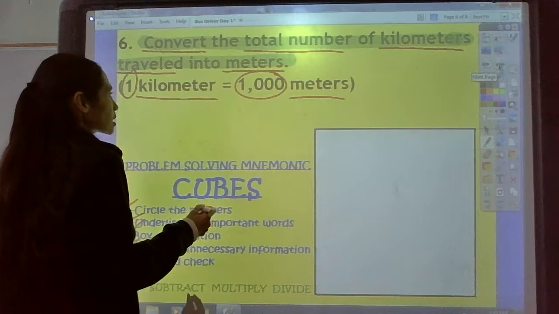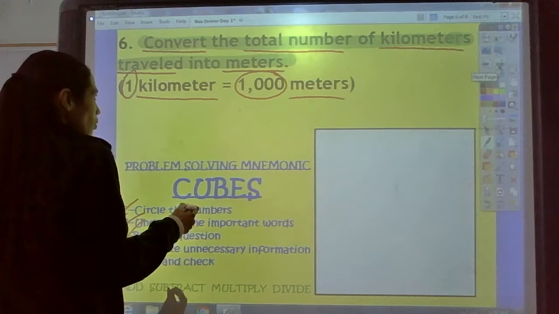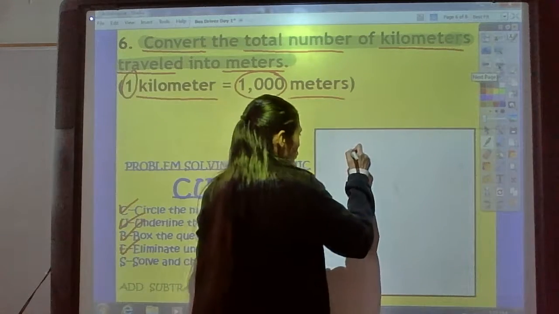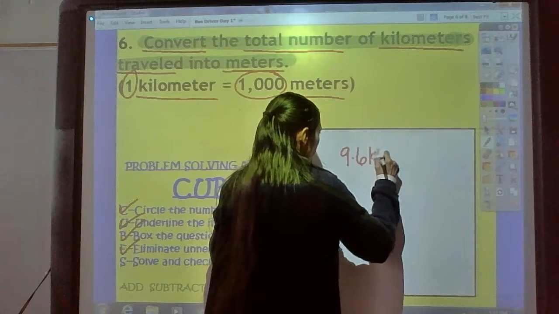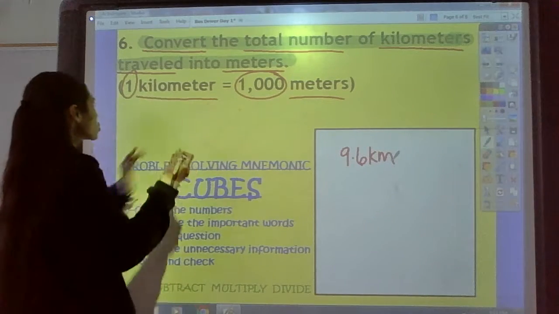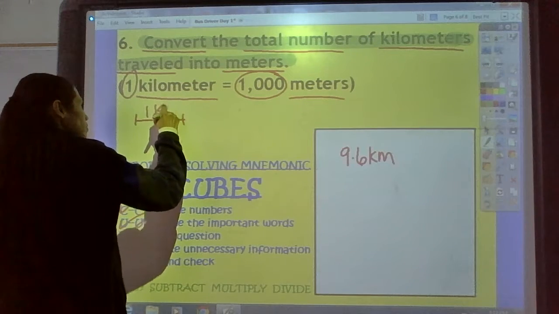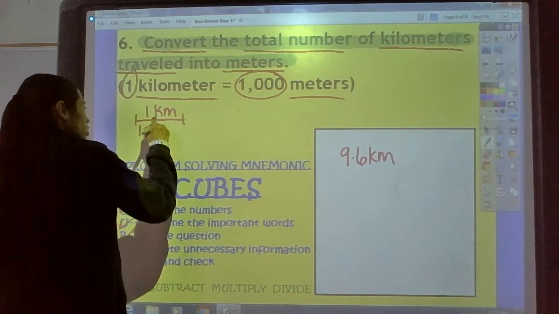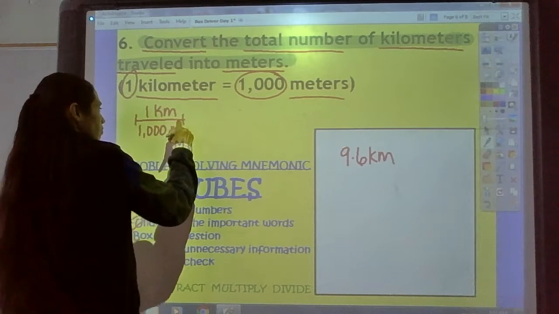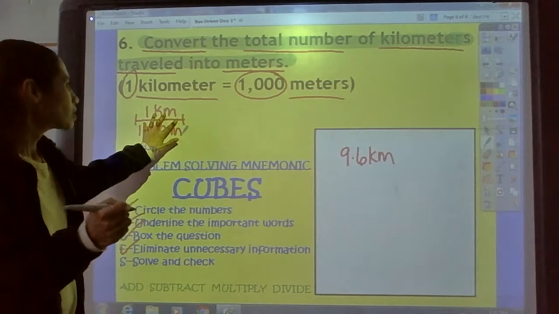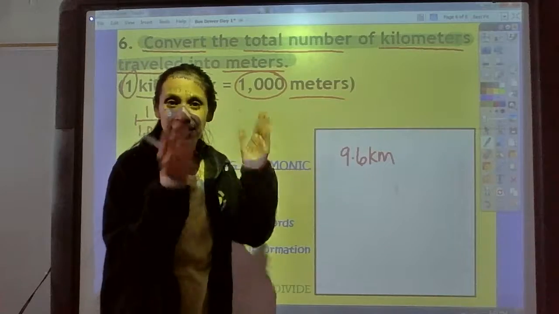9 6/10 kilometers. I've got to write that down before I forget. What this means is 1 kilometer has 1,000 meters in it. So how many of these? 9 of these and 6/10 of 1.